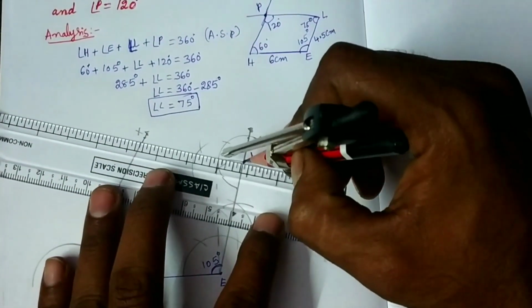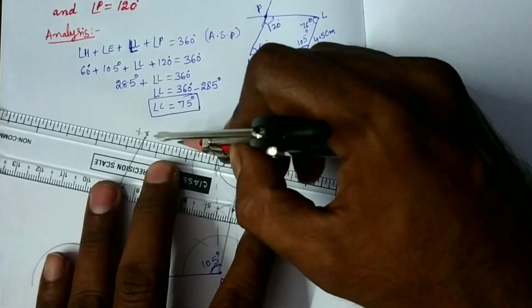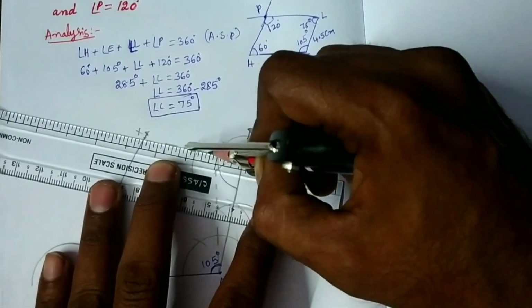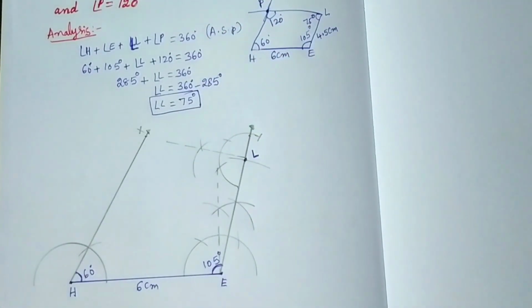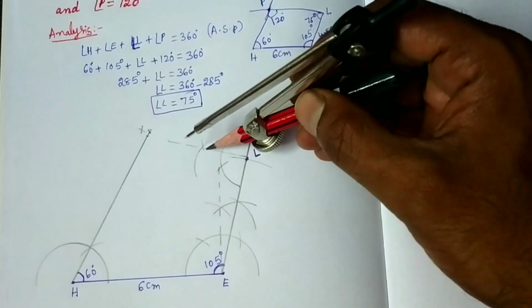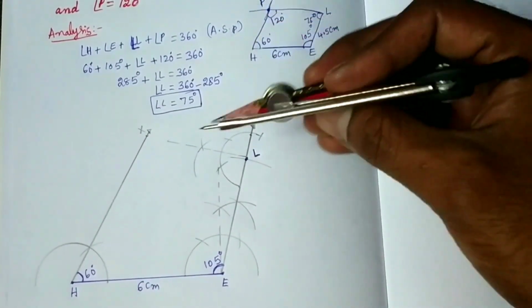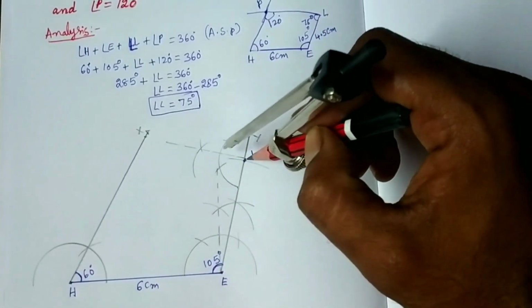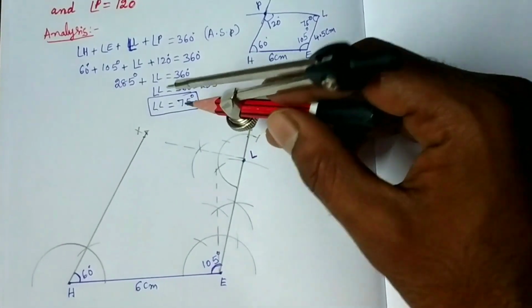And from L through this intersecting point draw a ray like dotted lines. This is not the required ray. We have to construct 75 degrees. This indicates 90 degrees at L. So we have to construct 75 degrees only.